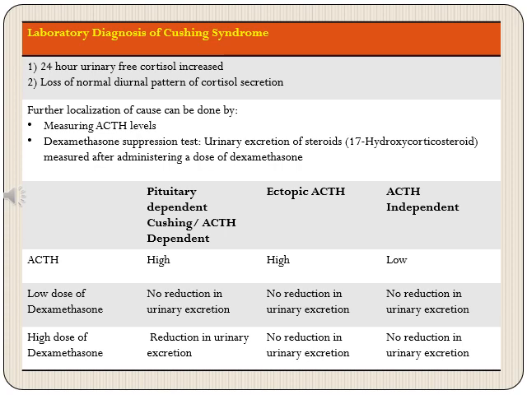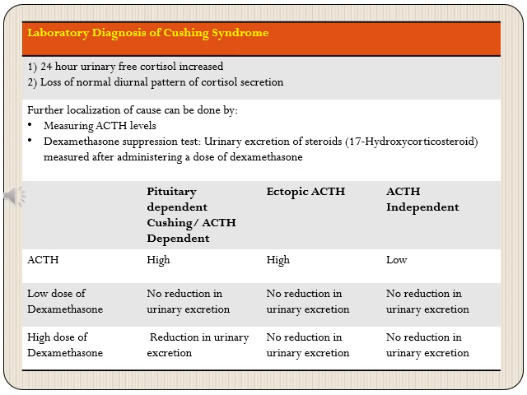Now, if there is production of ectopic ACTH by some tumor, for example small cell carcinoma, then ACTH will be high because the tumor cells are secreting ACTH, but there will be no reduction in urinary excretion of 17-hydroxycorticosteroid by administering low or high dose of dexamethasone.